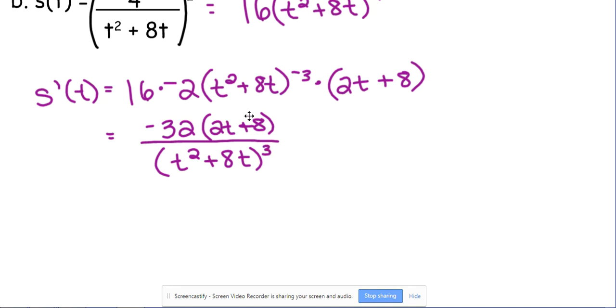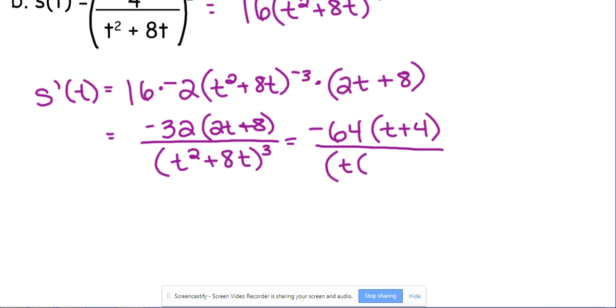Something they may do, notice there's a common factor here in our parentheses, so they may pull out that 2 to get negative 64 t plus 4 over, and I really doubt they would do this, but there's a common factor here in the bottom too. So if we did that, notice where I'm putting my parentheses, because when you do that, then technically that t ends up being cubed as well.